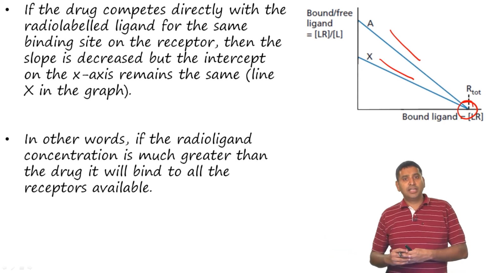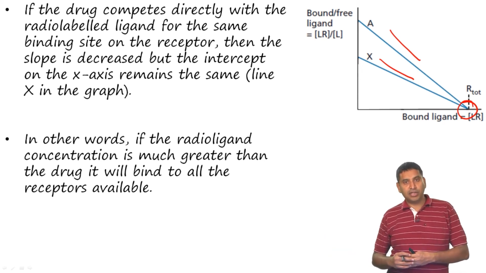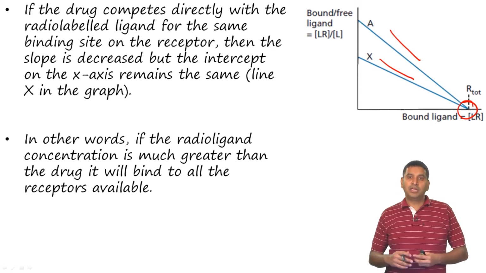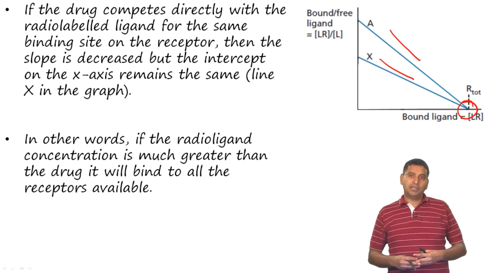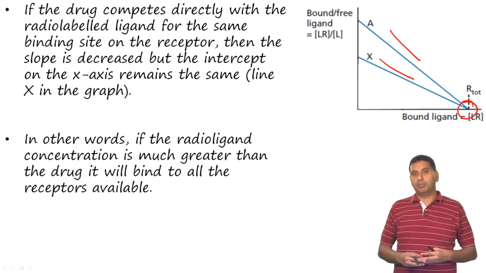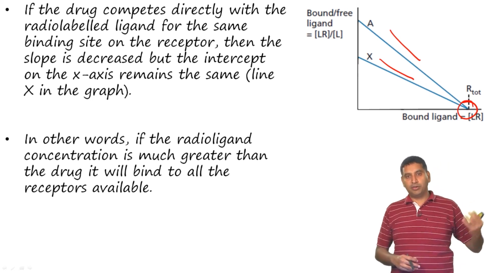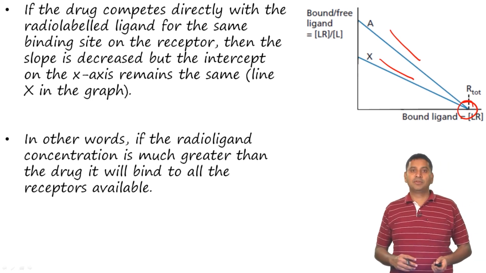In other words, if the radioligand concentration is much higher, then the drug will bind to all of the receptors available. You should keep in mind that a very similar perspective was applied to enzyme inhibition as well.